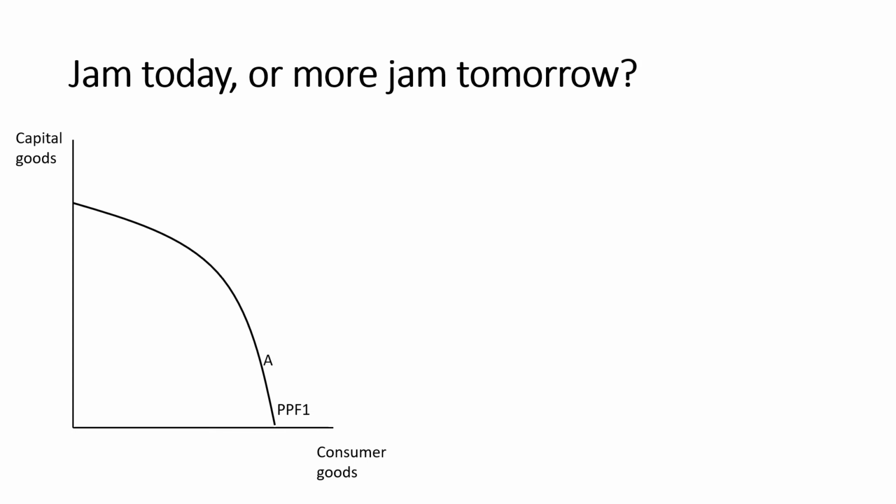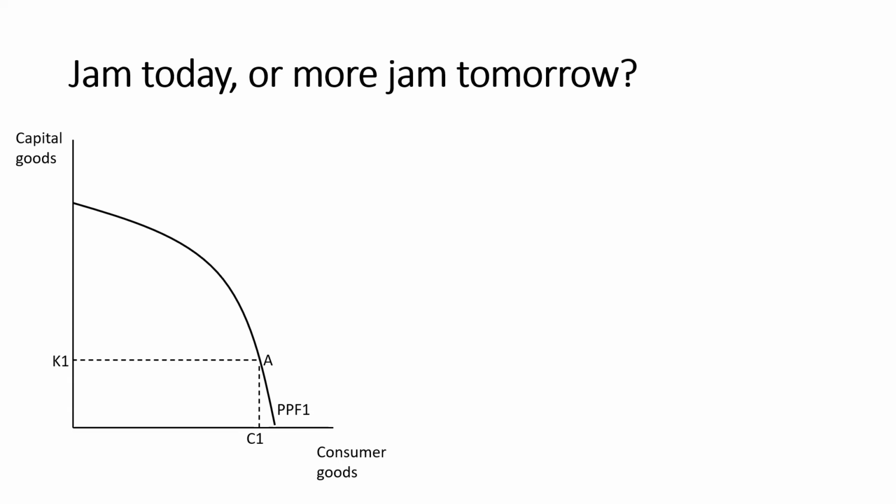So let's imagine then that at the moment the economy is operating at point A on the edge of the frontier, so there's no unemployment or anything. At point A, we're producing C1 consumer goods and K1 capital goods, so you can see the output mix of the economy is skewed towards consumer goods and away from capital goods.